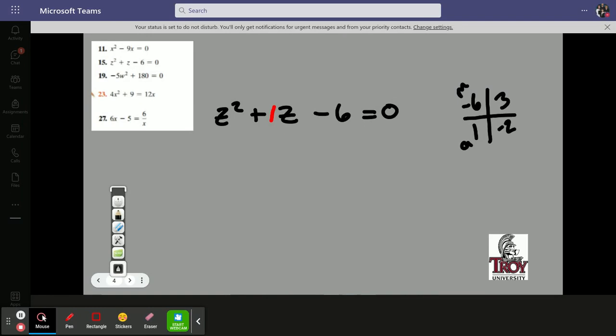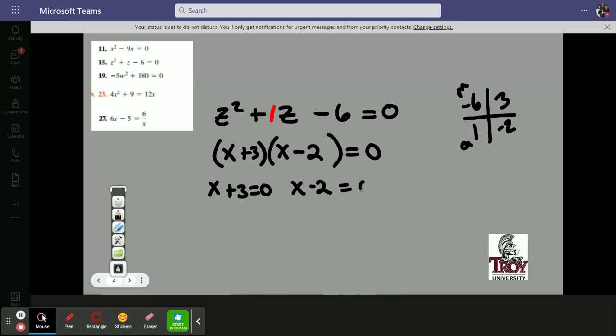That means I can break this down to x plus 3 times x minus 2. So x plus 3 equals 0, or x minus 2 equals 0.